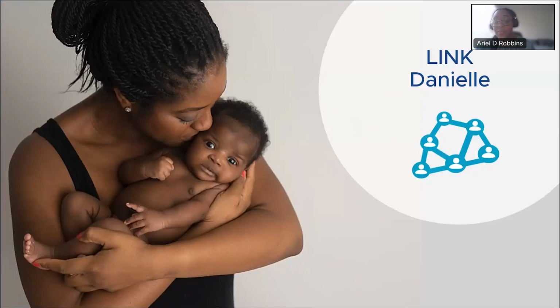So then the team would link Danielle to the appropriate resources. For instance, if it were a housing resource and she needed some help, maybe it's a CORE application that she needs to fill out for rental assistance, the team would be extremely hands-on and support her in filling out that application, as well as identifying if there were also a food security concern.